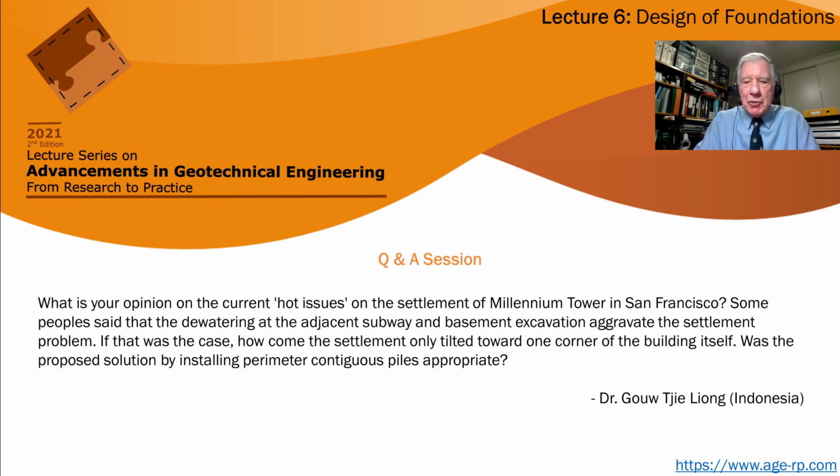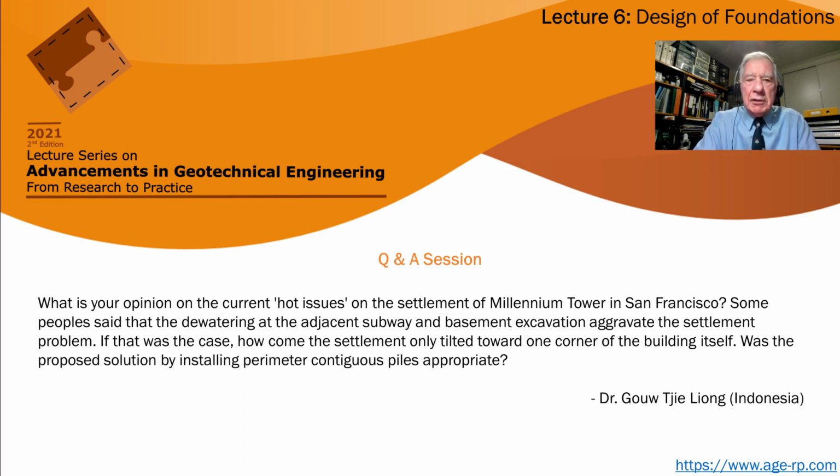That's a very vexed question. I am not fully familiar with the case. All I can say is that if there was dewatering, and I think there was dewatering in a number of locations around the Millennium Tower, in principle, it would have had the potential to increase the settlement of the building.